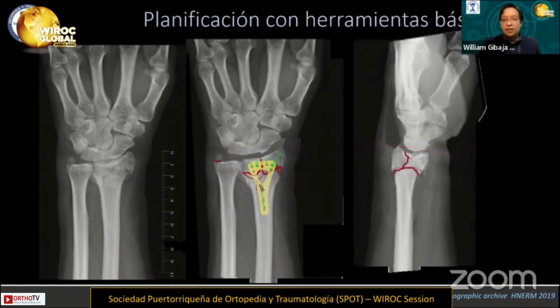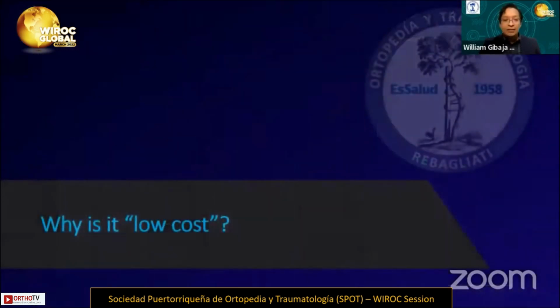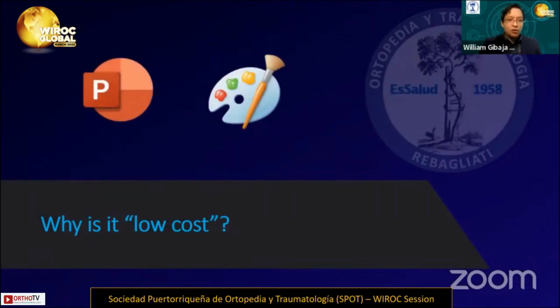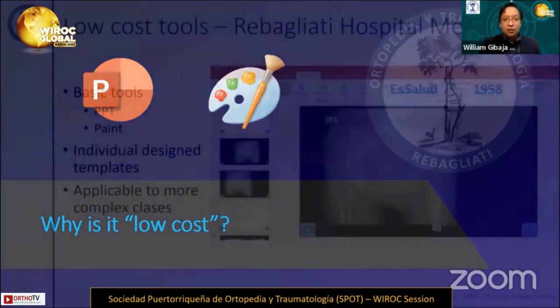We can also do this in the lateral picture and add it to our presentation to have a simple preoperative planning. Why is it low cost? Because we are just using Paint to cut the pieces. We're using PowerPoint to rotate, to translate, or to add the template on our picture.